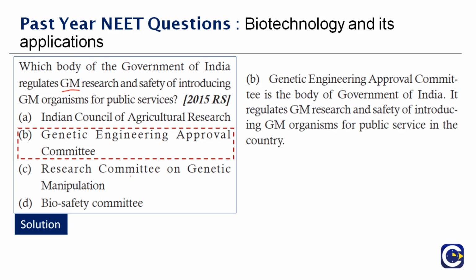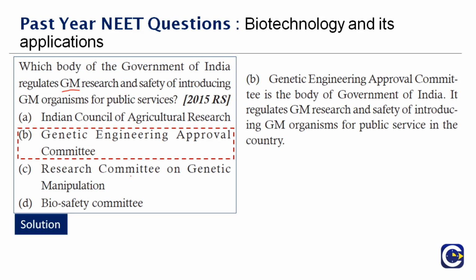So why do we go for these genetically modified organisms, why do we introduce them into the plants, and why has genetic engineering gained so much importance now? You know very well, in the field of plants or fruits, you require a lot of pesticides and fertilizers to protect the crops from pests.